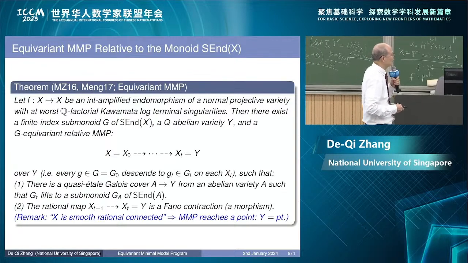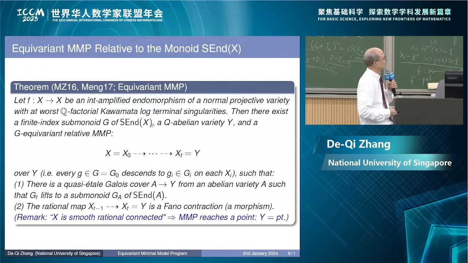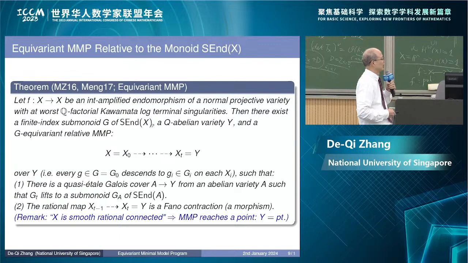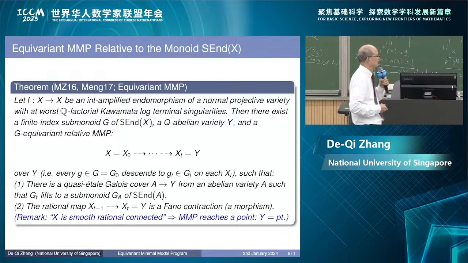So each fiber in the MMP is a Fano variety. In that sense, in this remark case, you are reducing to the Fano case. So every fiber is a Fano variety, I mean general fiber. So basically, to consider symmetry, you look at Fano varieties. That's enough. So that's our purpose, to reduce the dimension.